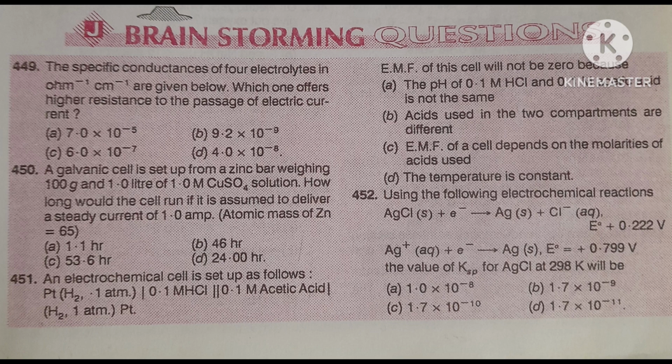First option 7.0 into 10 to the power minus 5. Second option 9.2 into 10 to the power minus 9. Third 6.0 into 10 to the power minus 7. And fourth 4.0 into 10 to the power minus 8.